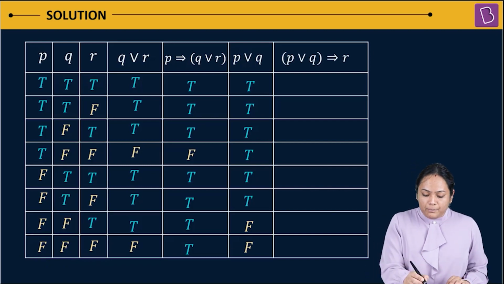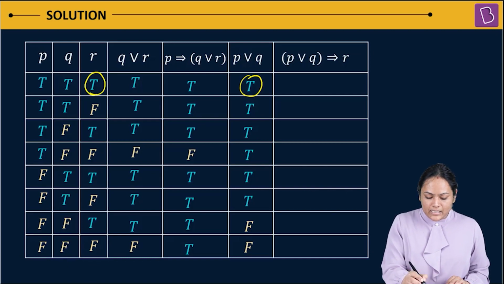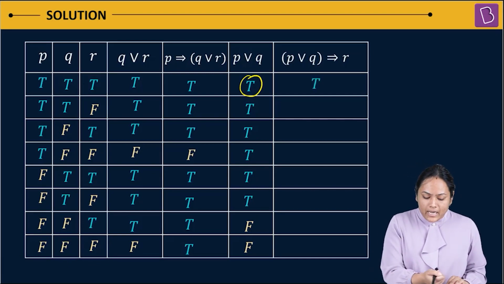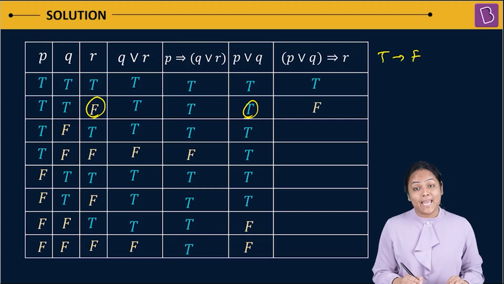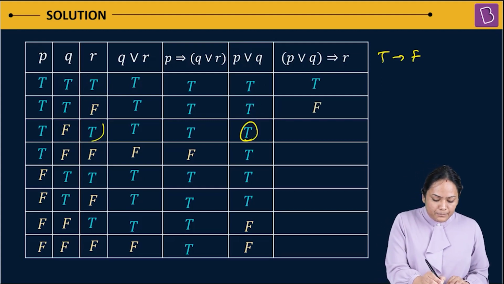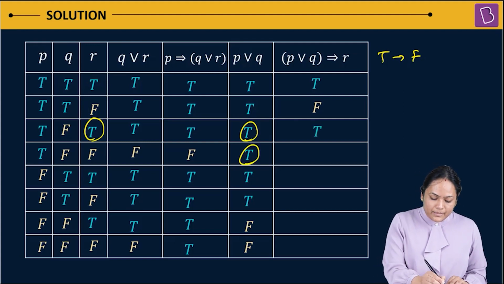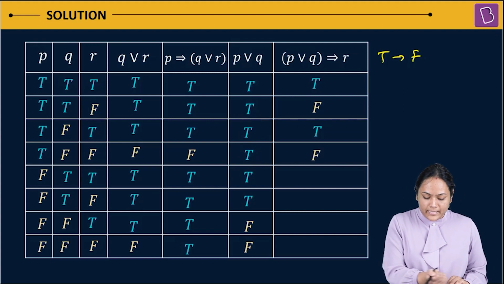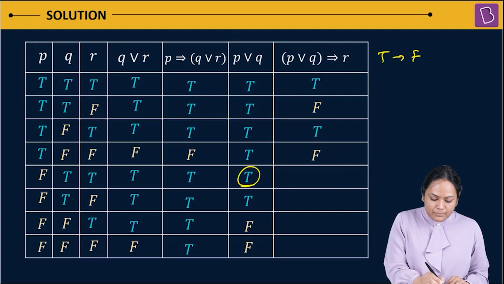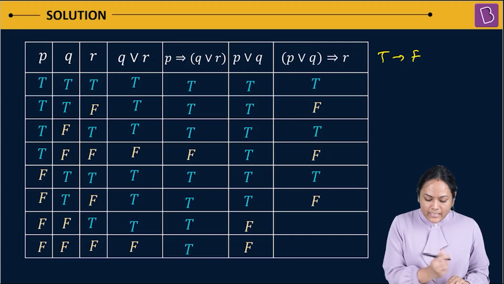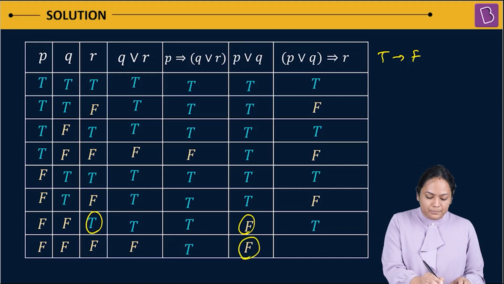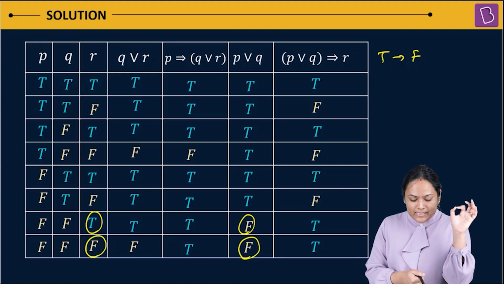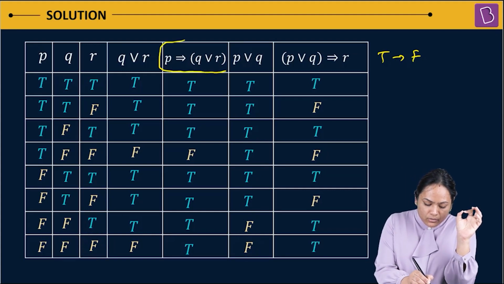So when I have P or Q, that is T, implies T is going to give me T. Then I have T implies F. Well, we have already seen that T implies F gives us F. Then I have T implies T giving me T. Again, T implies F is going to give me F. Then I have again the same combination, T implies T, which is T. T implies F, which is F. Then in the second last case, I have F implies T, which is T. And lastly, I have F implies F, which is going to give me T. So is it matching with my fifth column?